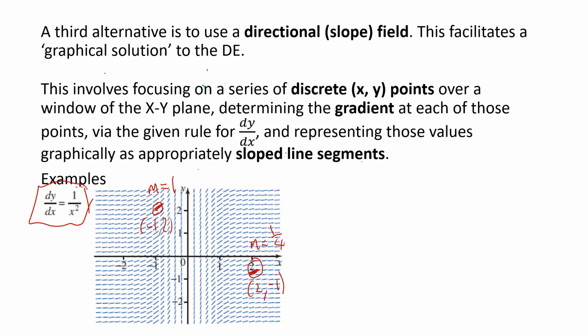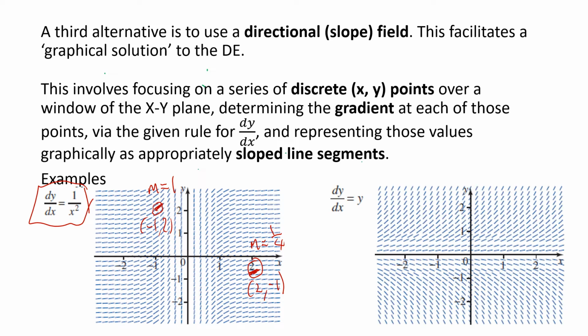Let's now compare that with another example. dy/dx is equal to y, just a very simple function of y, so it's driven by y values only. Let's try to make sense of the slope field as we see it. Let's have a look at the point (1, 2), which might be that one there.